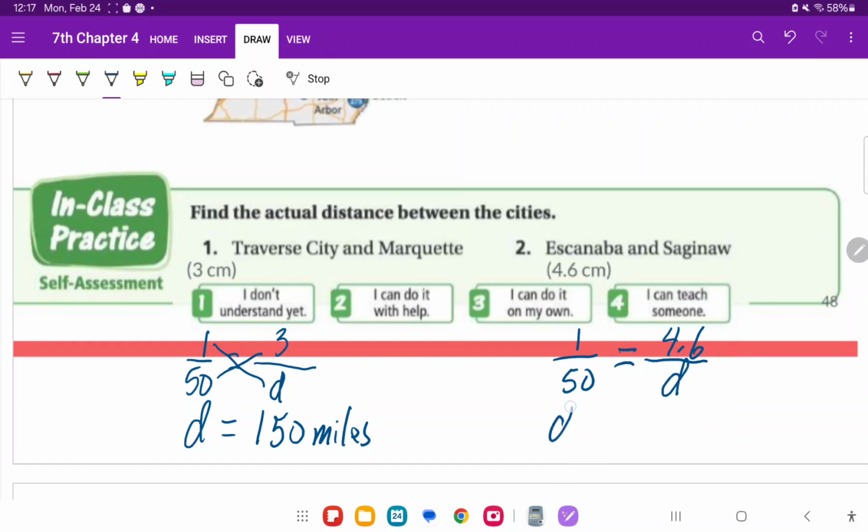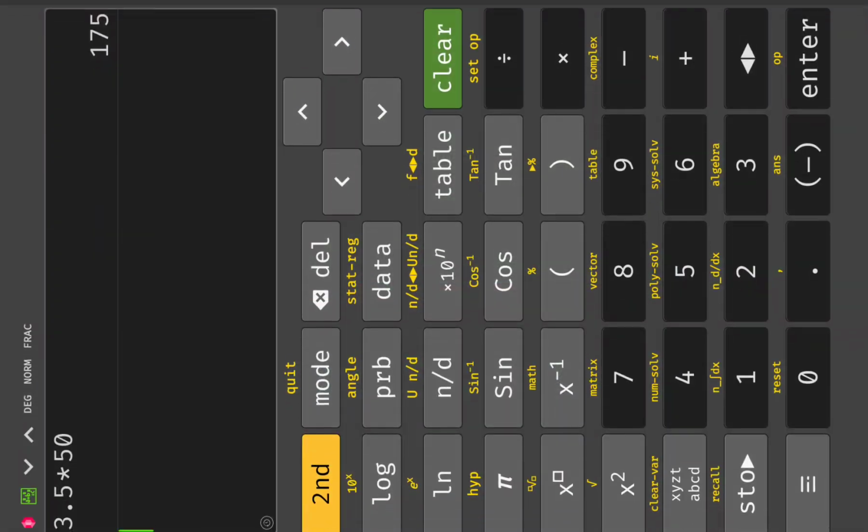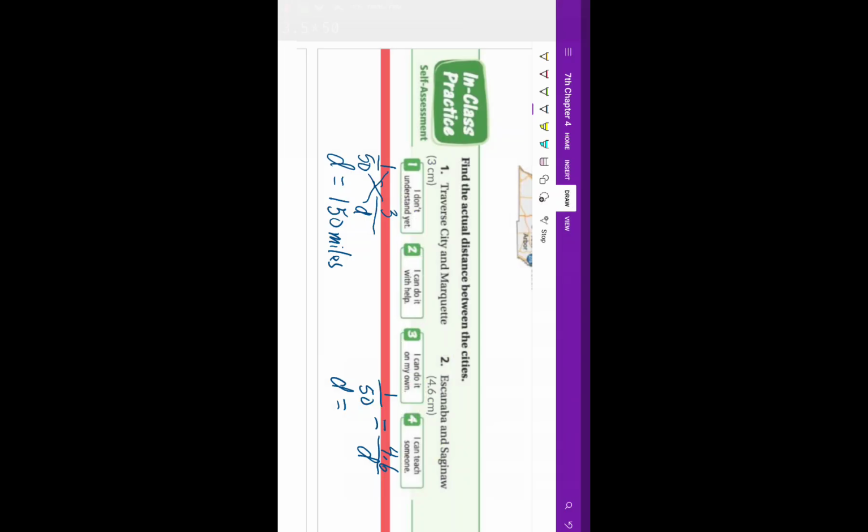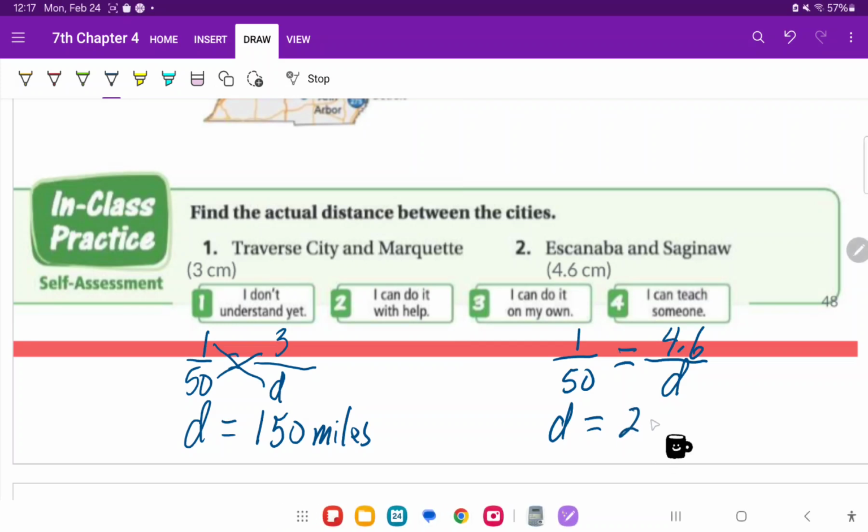We get 1 times D is D, and then 50 times 4.6, that is going to be 230. So that's 230 miles. Hopefully that's the answer you got when you tried doing that.